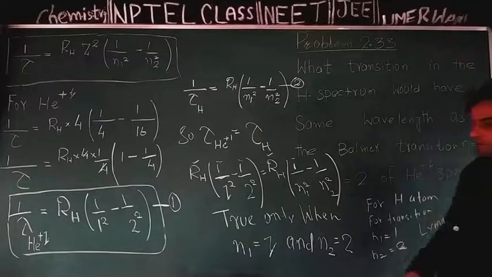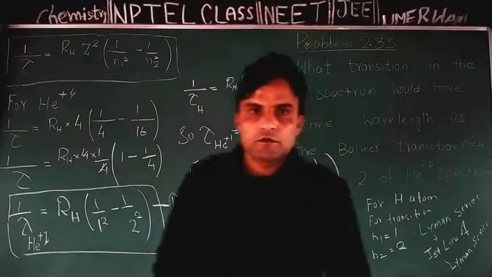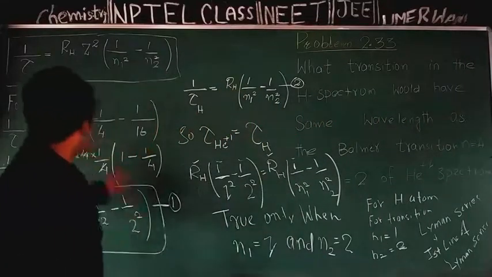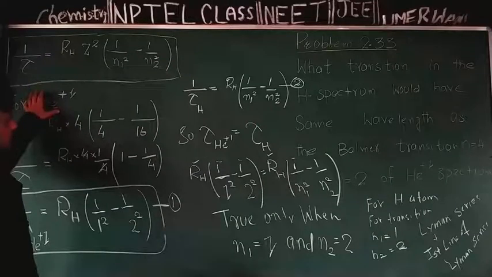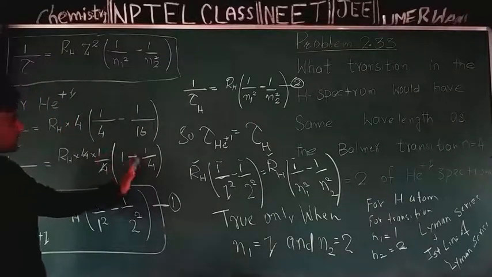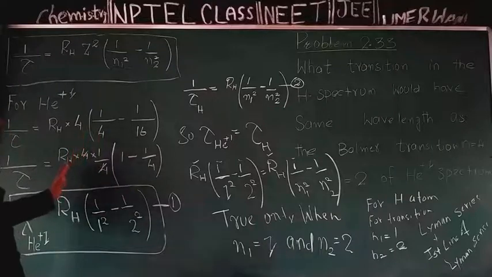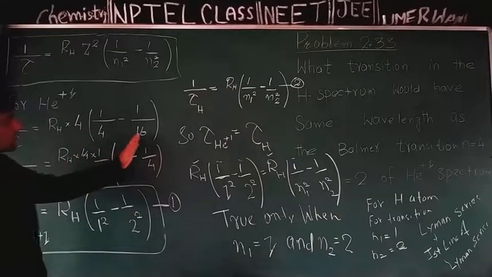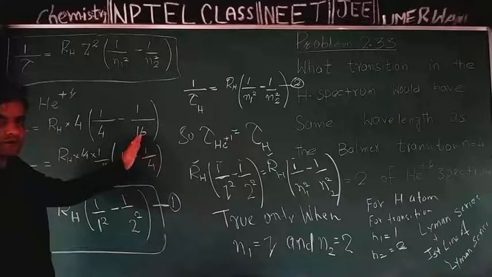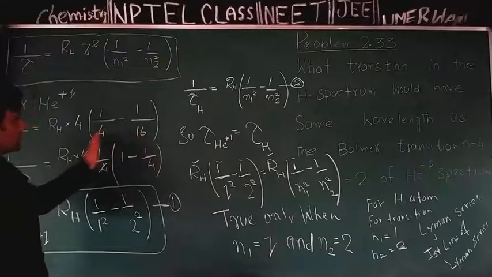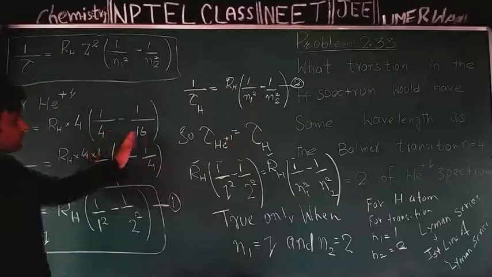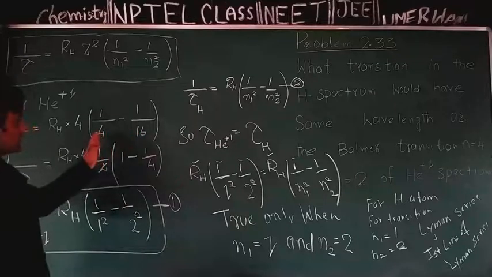Now what is the comparison? In case of unipositive helium ion, electron transition is occurring from higher energy orbit 4th to lower energy orbit 2.